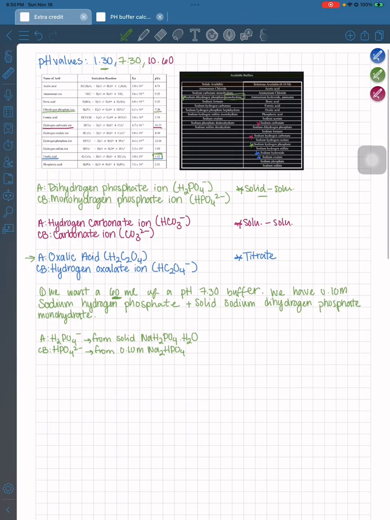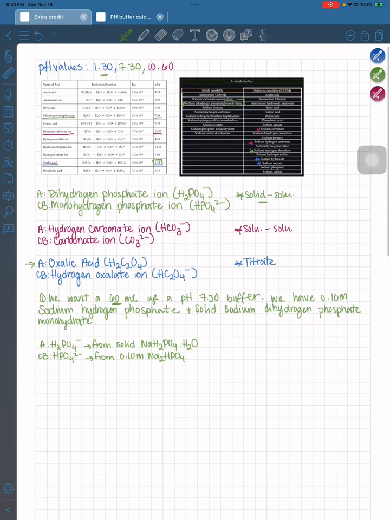I wrote down my acid and my base and where I derived them from, and then we can just move on to the calculations, which, as I mentioned earlier, is using the Henderson-Hasselbalch equation to figure out the ratio of our acid to conjugate base.